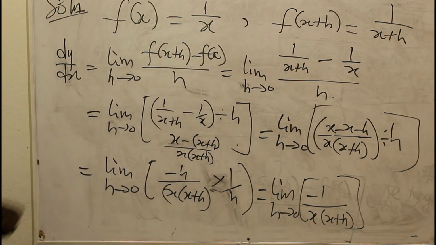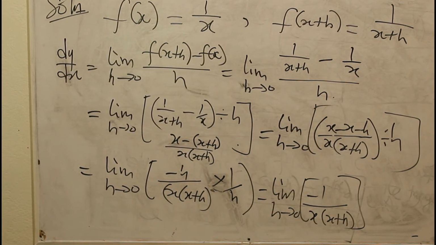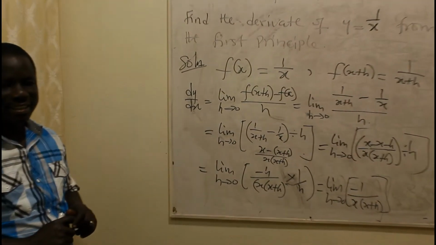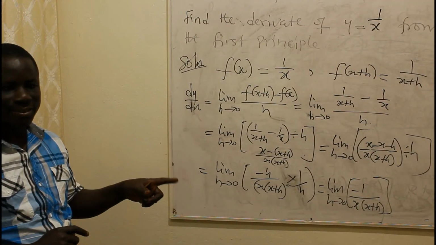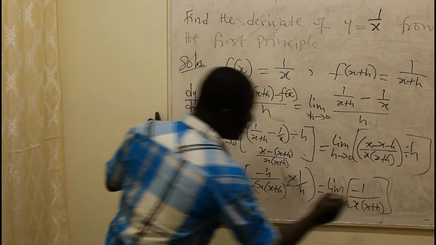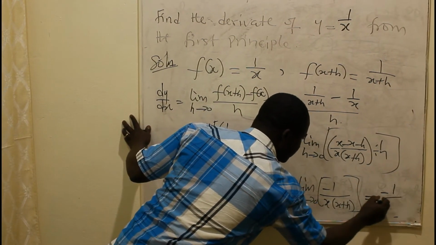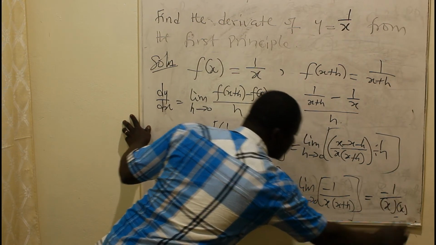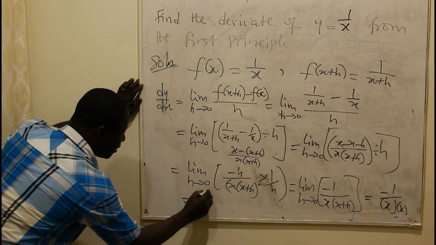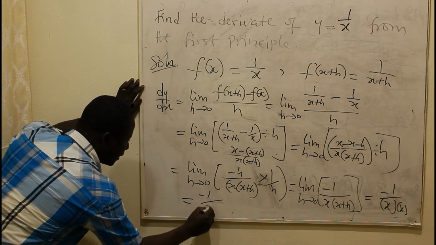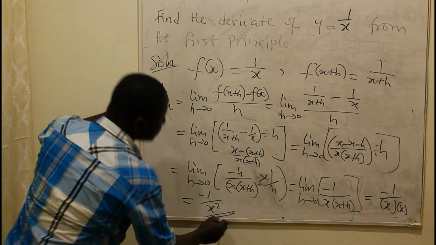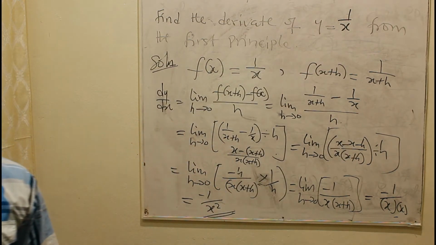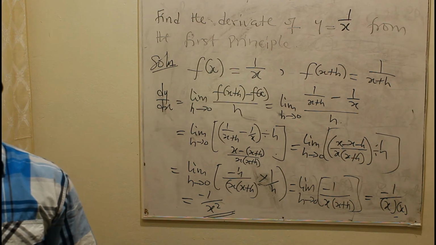Good. And as h approaches 0, in the denominator you put in h, which is 0. The whole function is now negative 1 divided by x multiplied by another x, and the answer is negative 1 divided by x squared. So this is the answer for the function when it is differentiated from the first principle.